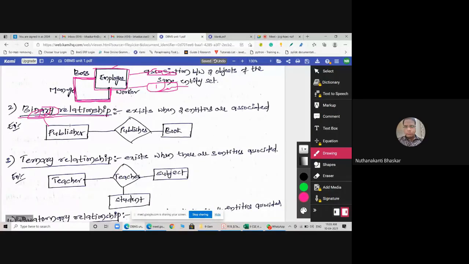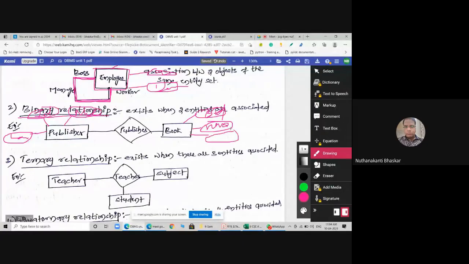Please write down the attributes: publisher name, publisher location, phone number, mail ID, all these attributes you have to write. Publisher publishes book.